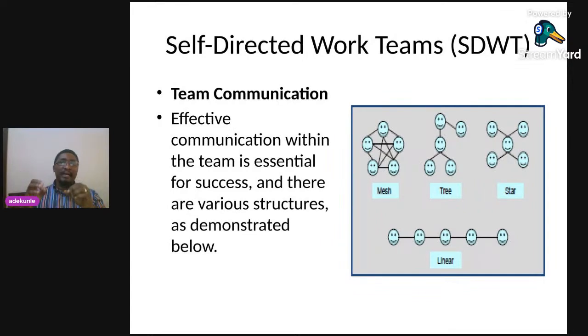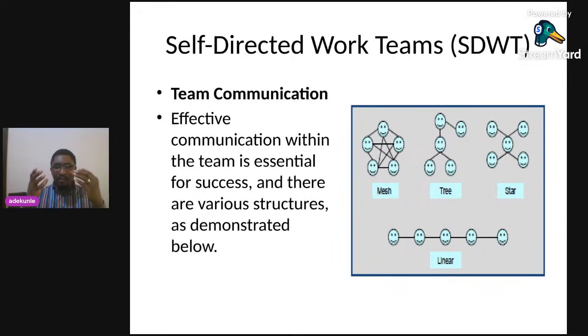Like we said earlier, effective communication is important in any team. And of course, from this structure you see on the stage, we see that these are different forms of communication within a team. You can have a mesh communication, where everybody gets information at a random point.